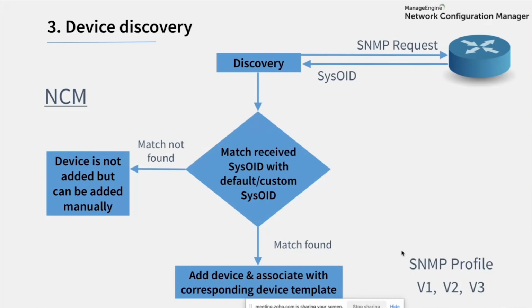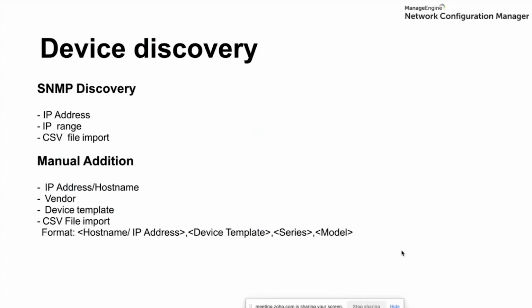If a match is found, the device will be added and associated with a corresponding device template. If a match is not found, the device will not be added, but you can add the device manually. For this, SNMP uses profiles V1, V2, and V3.